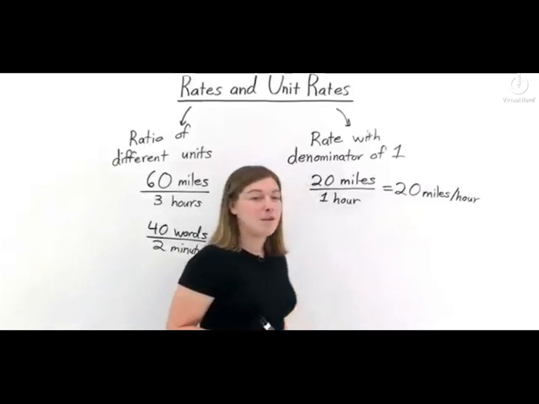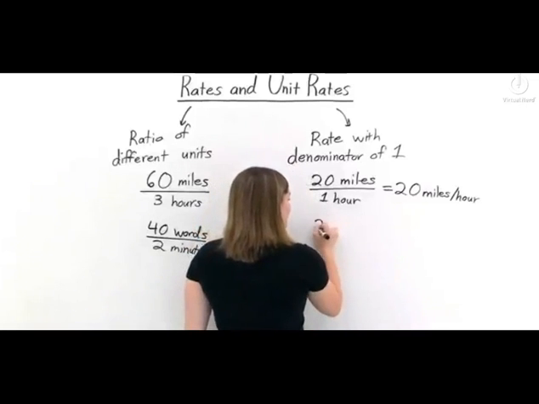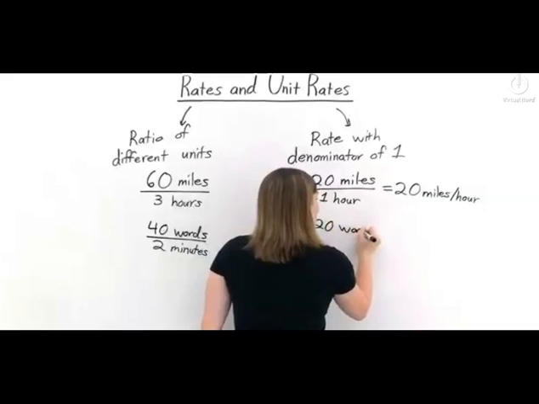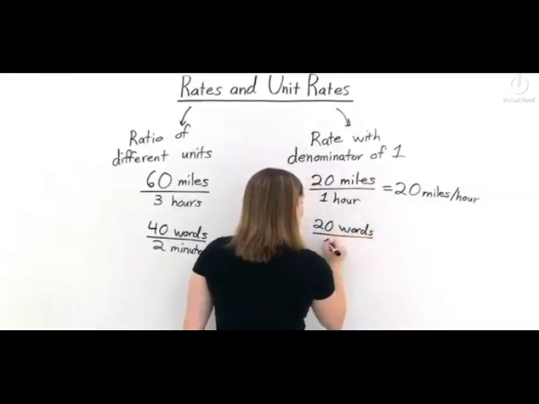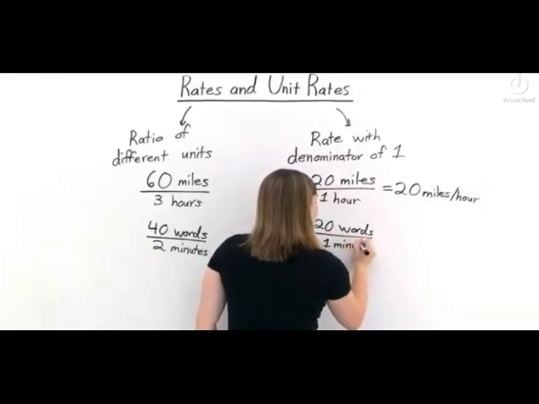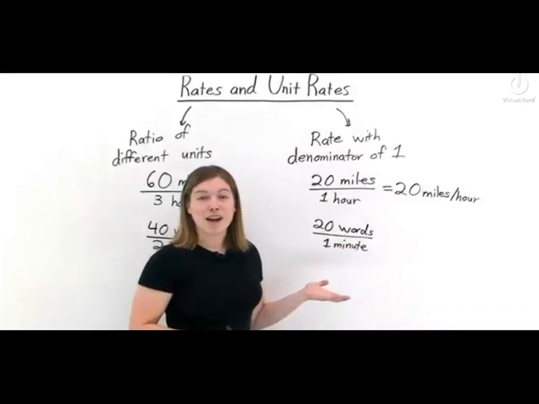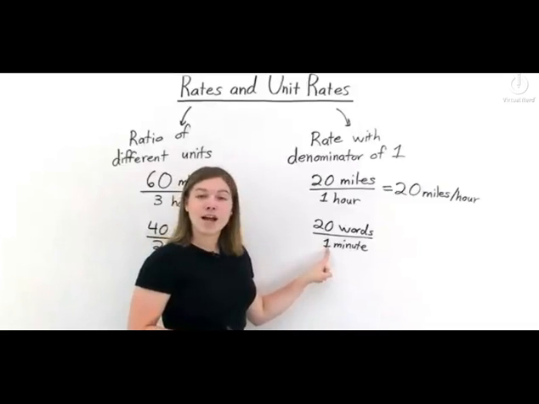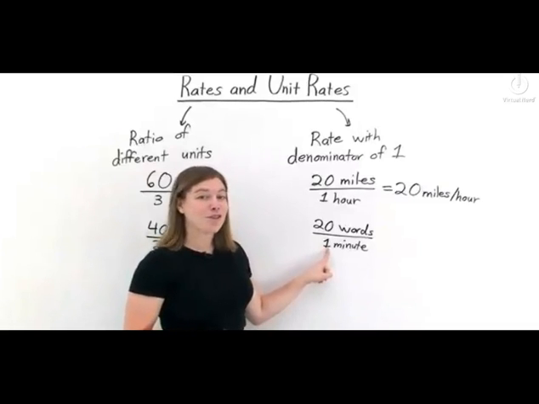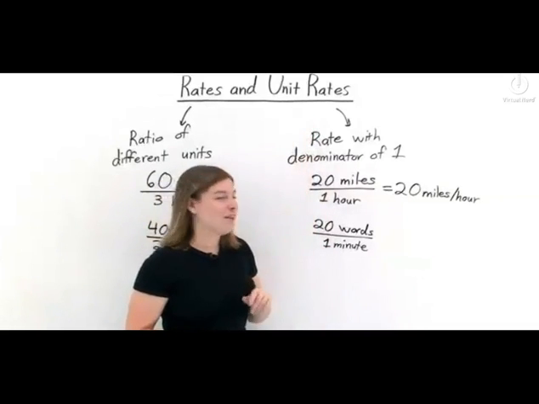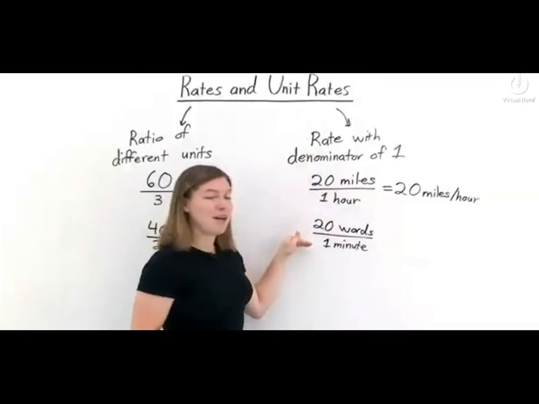Now let's look at one more example of unit rate. Let's say we have 20 words per 1 minute. So it would look like this. Again, it looks like a normal rate, except here, in the denominator, our quantity is 1. So that means we have a unit rate. We have 20 words per 1 minute.